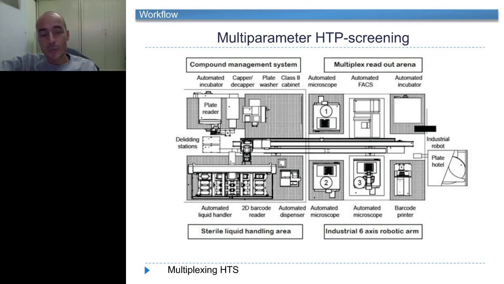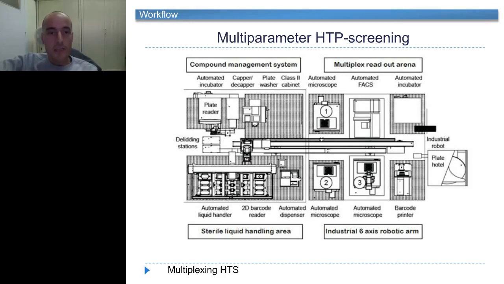This fully automatized and fully robotized station has the ability to screen large-scale compound libraries and also whole genome siRNA libraries, and it is equipped with 3 IXM XL machines from Molecular Devices, which are located here in our multiplex readout arena.